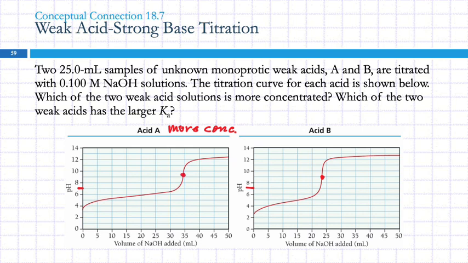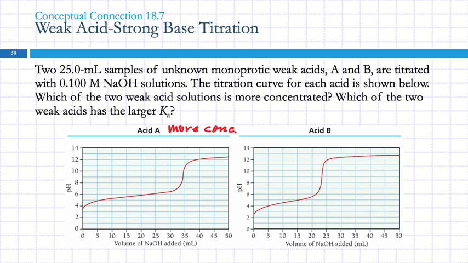So we could look at the pH at the equivalence point, and they're looking about the same, aren't they, actually? So that's not really helping very much, because we're not supposed to have to measure things carefully here. We could do that to prove to ourselves that these are both weak acids because the pH at the equivalence point is above 7.